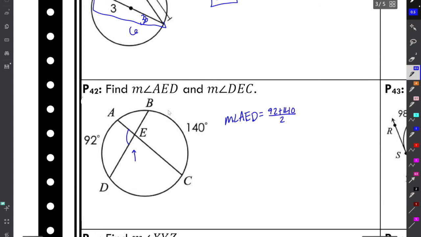So 92 plus 140 divided by 2 in my calculator gives me 116 degrees. Now, like I said, the measure of angle DEC is equal to 180 minus that, because they're a linear pair. 180 minus 116 is 64 degrees.